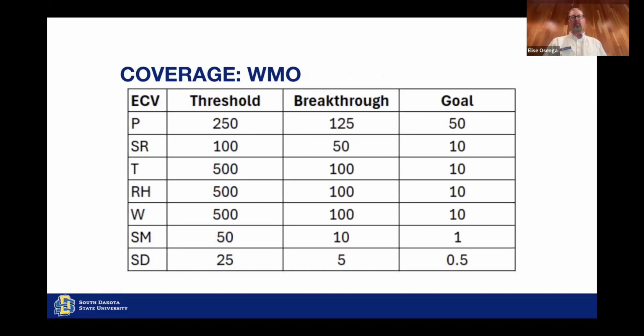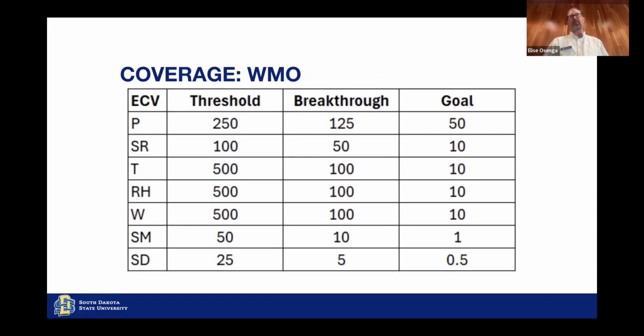Now, one of the things that came up during the brainstorming session is what are the scales that we should be monitoring at? For the essential climate variables for WMO, this is what you've got. This is threshold, breakthrough, and goal.